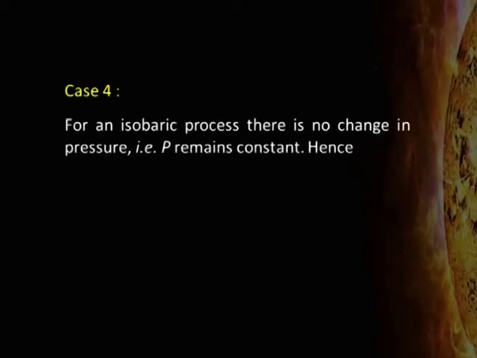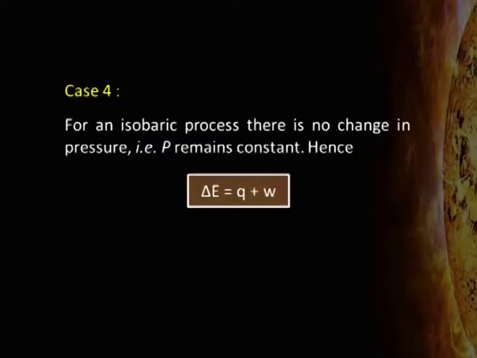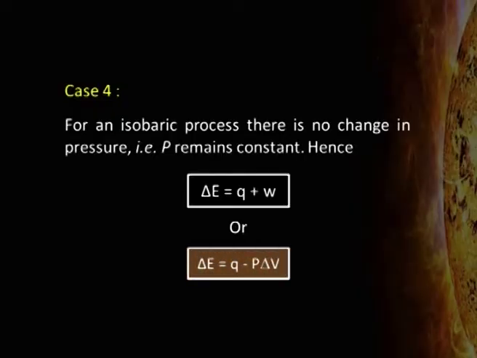Hence, for the expression of first law of thermodynamics, that is delta E equal to Q plus W, we can put W equal to minus P delta V, and we will get the expression as delta E equal to Q minus P delta V.